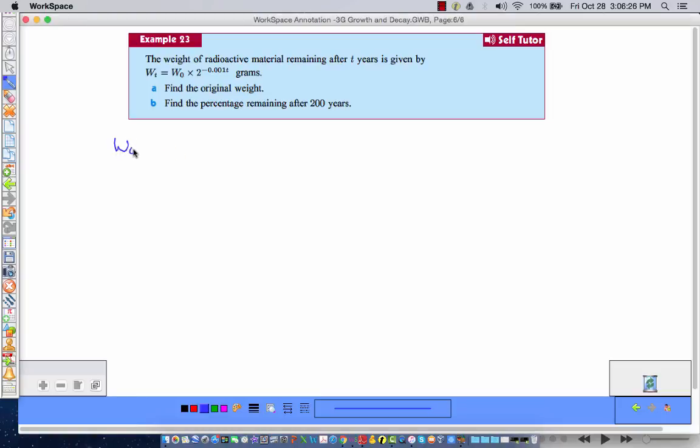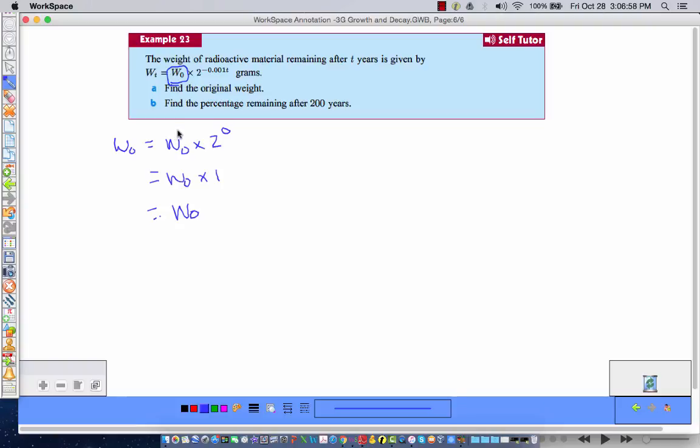So W of 0 would be equal to W sub 0 times 2 to the 0, because if I replace T with 0, this becomes a 0. So that's W0 times 1, which is in fact W0, which seems a little obvious, but they just are verifying that that is indeed the original weight.